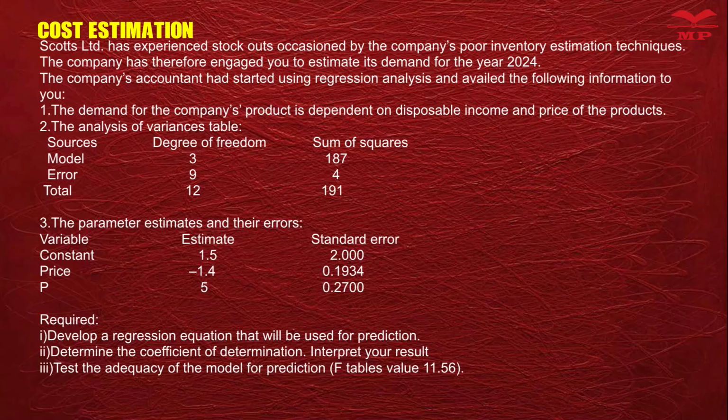The parameter estimates, that is income. That's what disturbed my mind. I had to confirm from the original paper. So the values are okay. So that total, we have 3 plus 9, 12, 187 plus 4, it's 191.